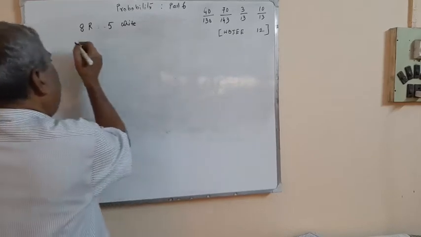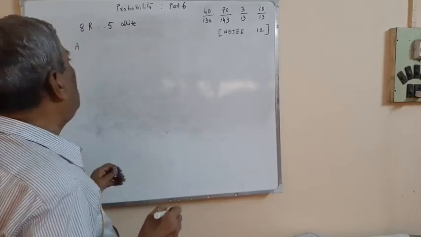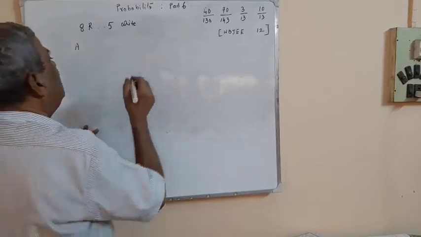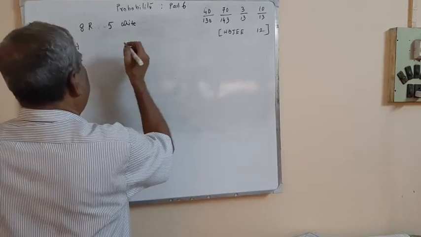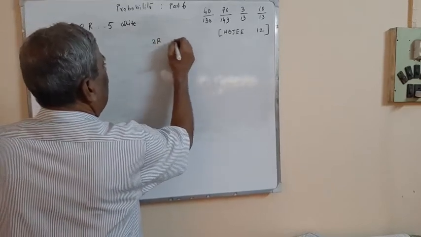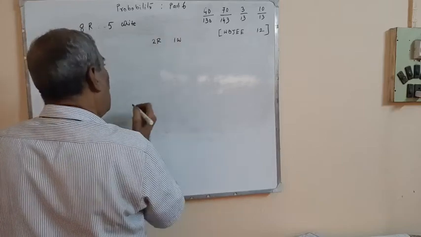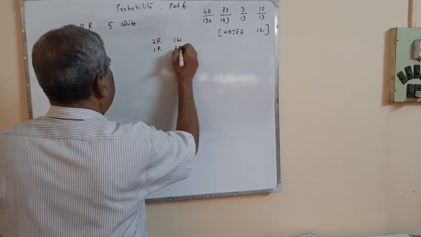So let A be the event that the balls drawn are of both colors. It means that event A may be of that type: 2 red and 1 white, or 1 red and 2 white.